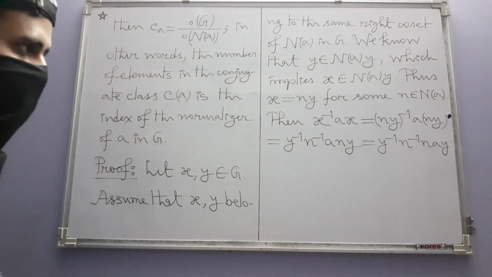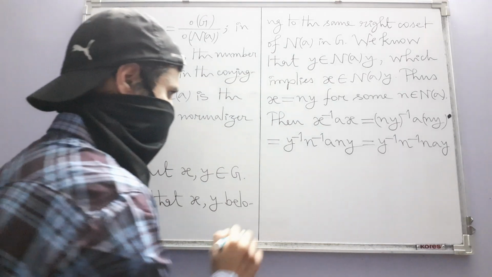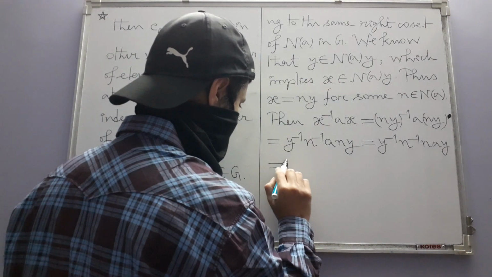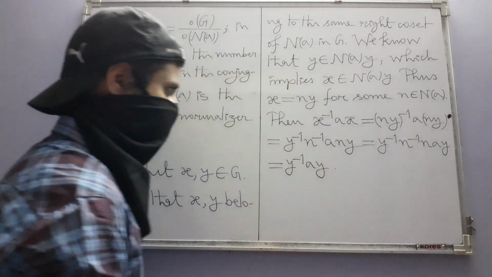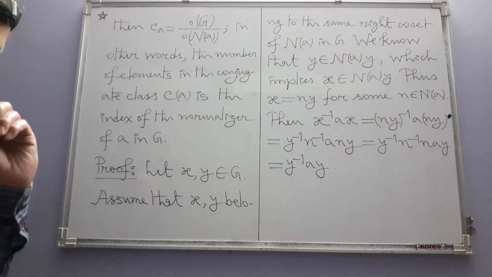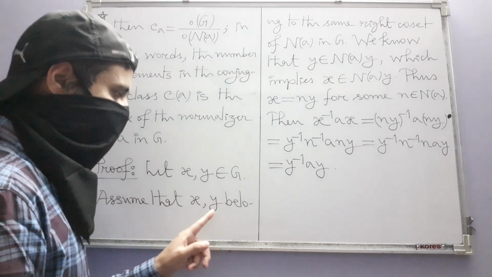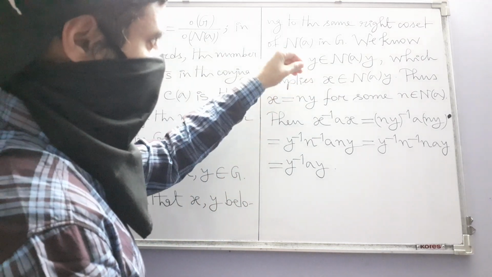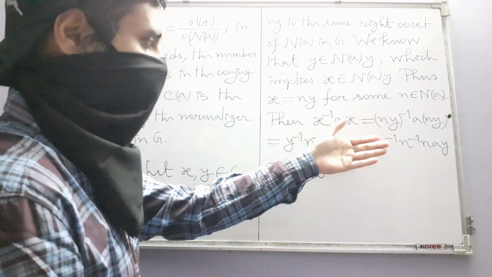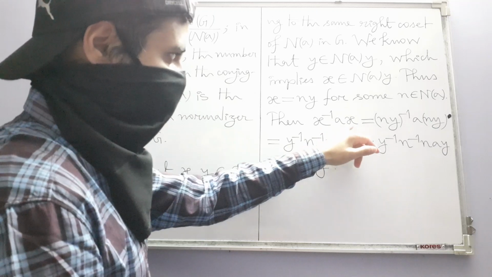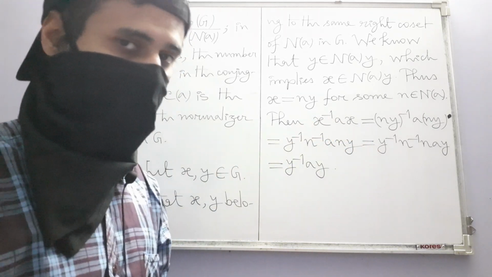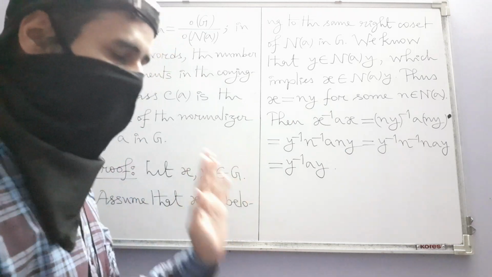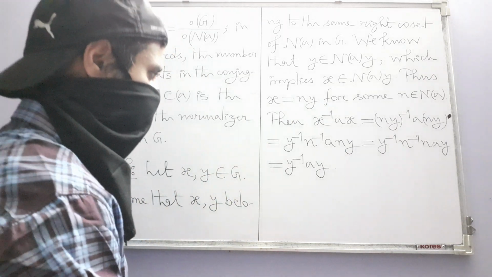So n inverse and n, they cancel out, and we are left with y inverse A y. So whenever x and y are coming from the same right coset of the normalizer, then the conjugates of A that they produce are the same. They produce a unique conjugate of A.